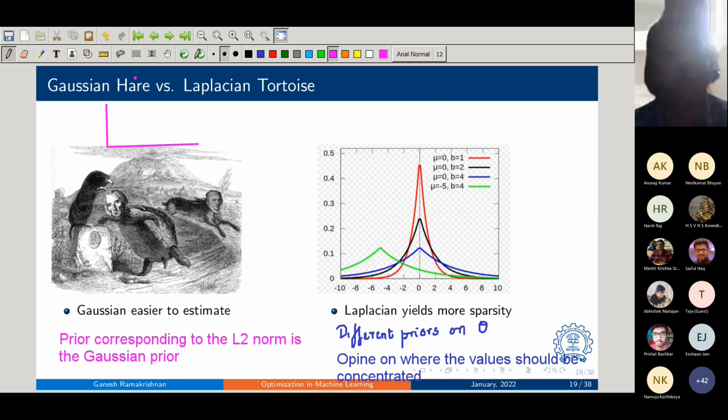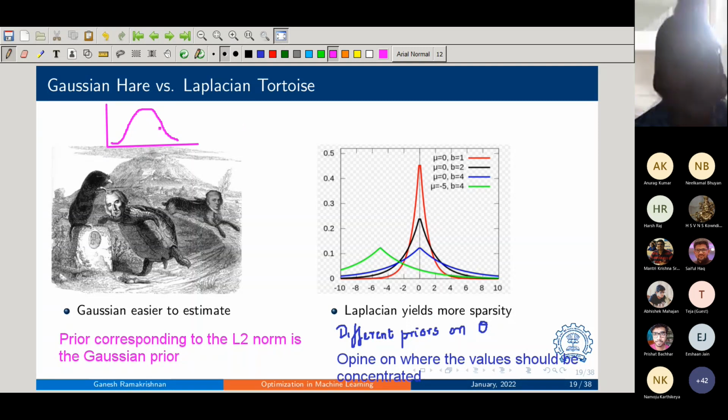So what does the Gaussian itself look like? Contrasting with the Laplacian prior, the Gaussian would be smooth. It will not have this peaking at 0, which says you're yielding lots of zeros. That's not true with the Gaussian.